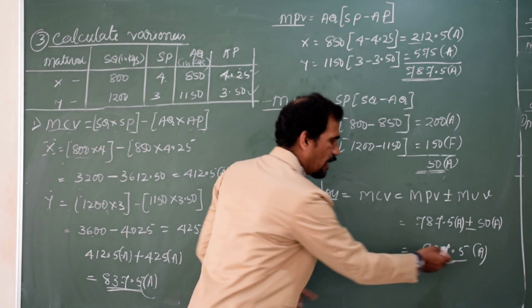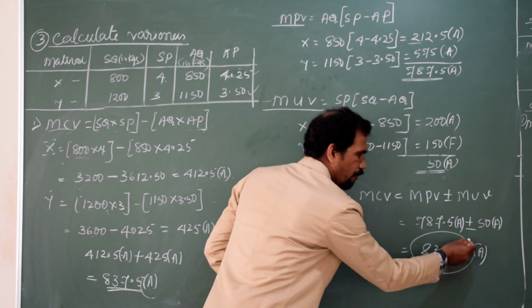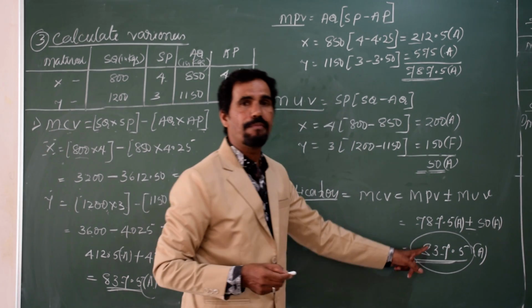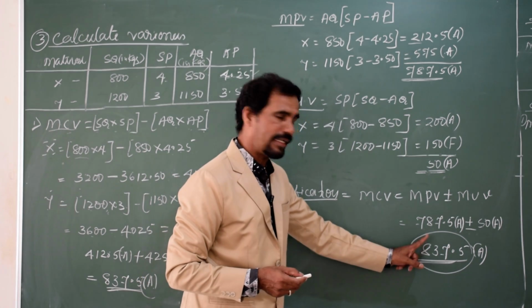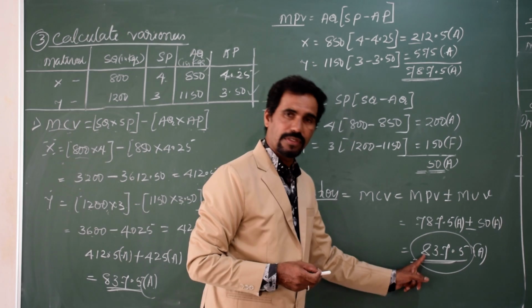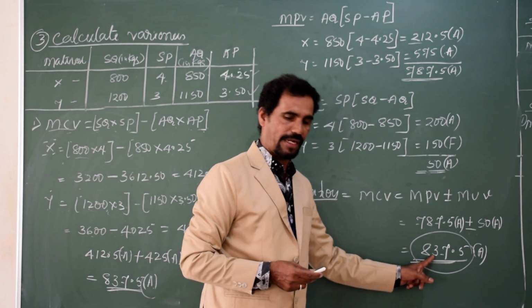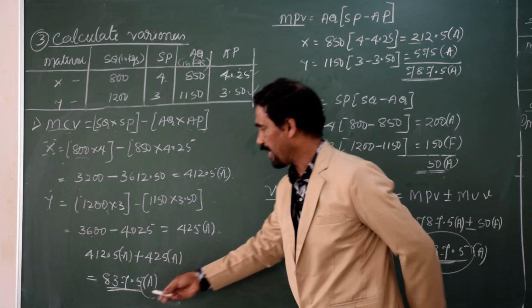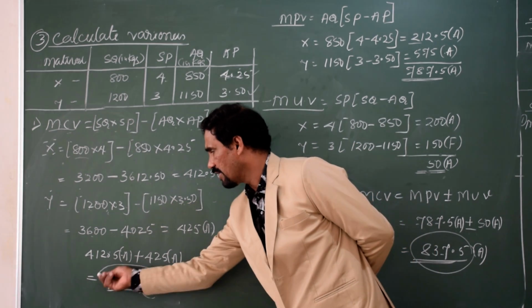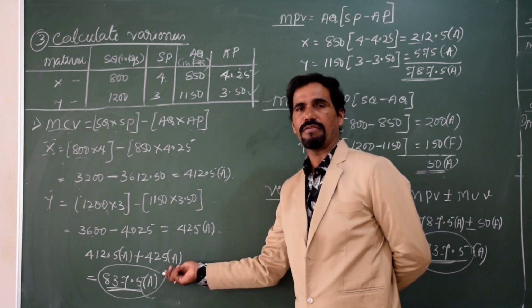So the same answer, 837.5. Check the material cost variance: it is the same 837.5, so it is a 100% right answer as per the formula we applied.